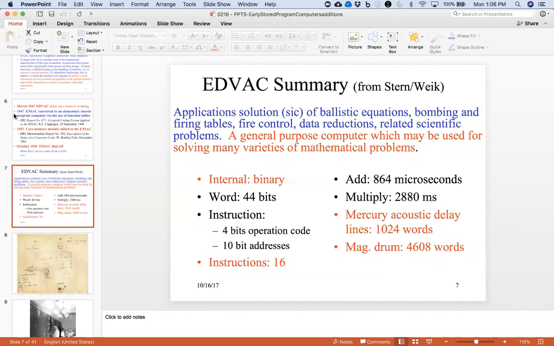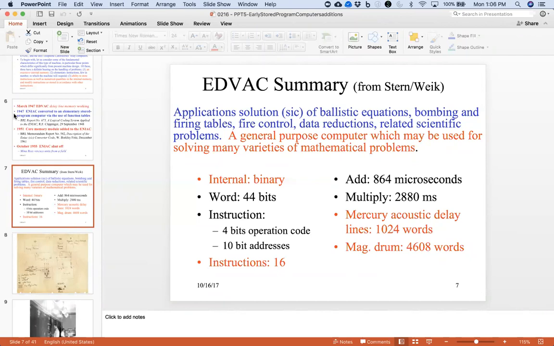Now, just so you know, the way that instructions work on computers is that they're divided between the opcode and the address. The opcode is the first 4 bits, and then 10 bits are used to represent the addresses on this machine. Addresses are which byte of memory you are addressing.